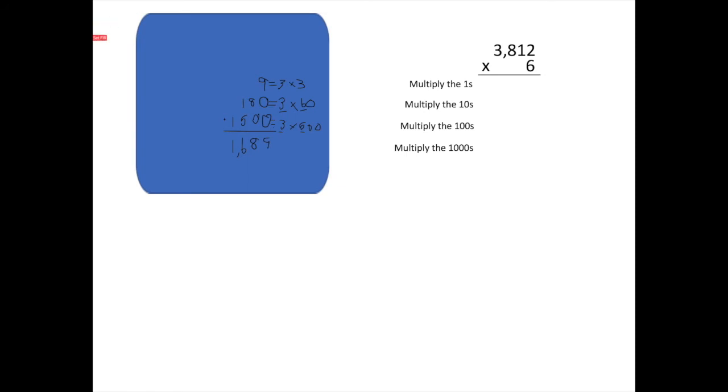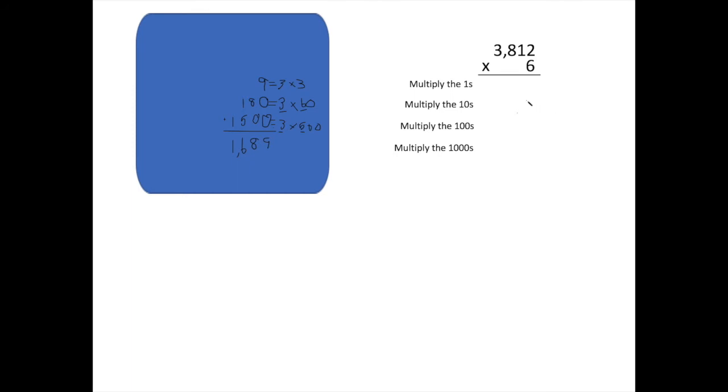I would like for you to please write 3,812 times 6 on your board. All right, so now that you have written that on your board, if you need to do that again, since we did not do it the first time that I asked, please pause this video and catch up.